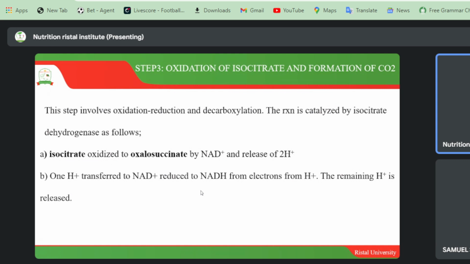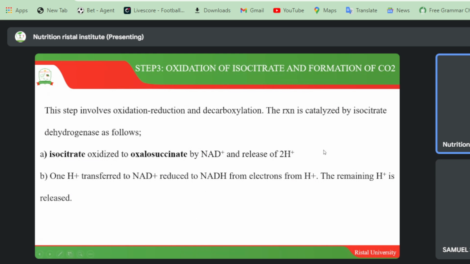This step 3, the oxidation of isocitrate, is a redox reaction, meaning it involves an oxidation and a reduction reaction, and decarboxylation takes place in a way that carbon dioxide is removed from the molecule. That's the intention of removing one carbon from it.